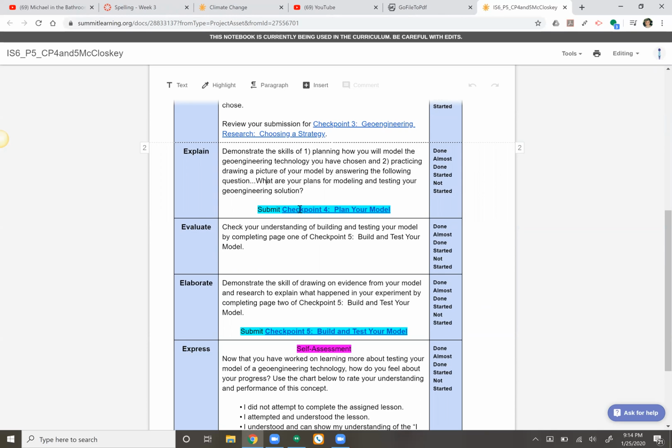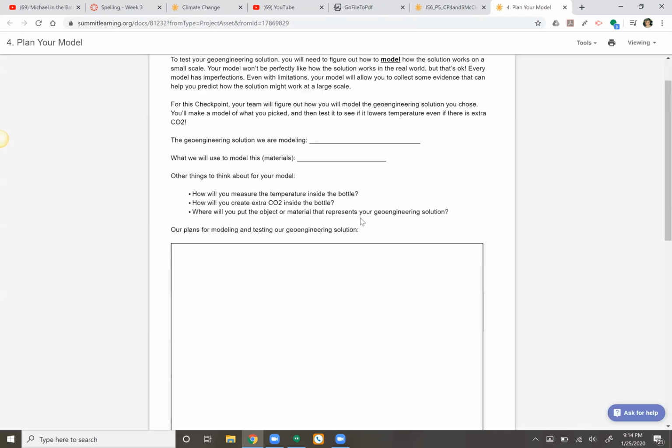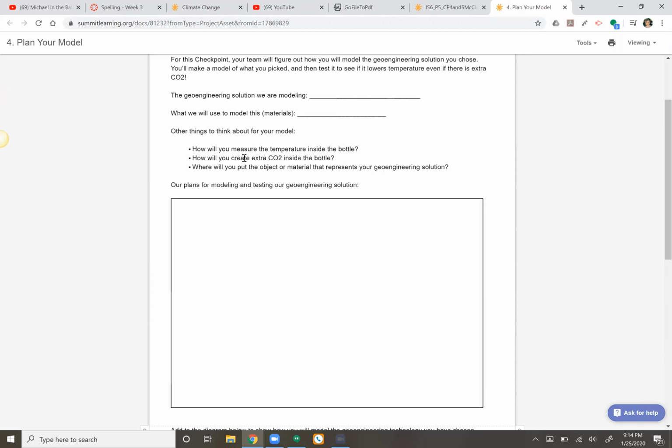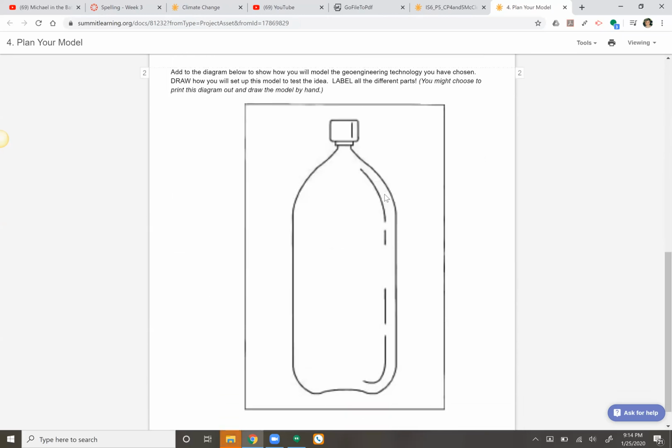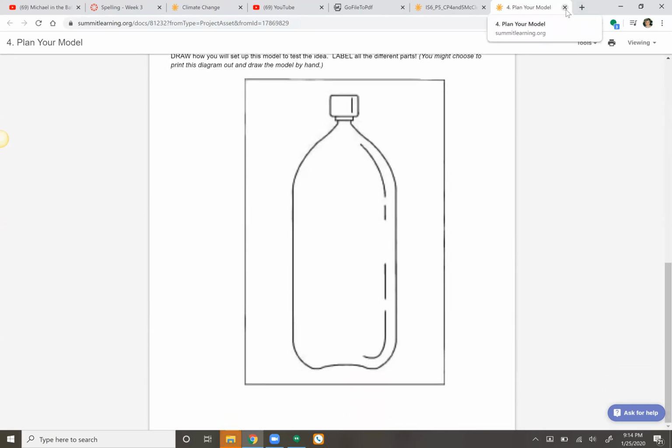What are your plans for modeling and testing your geoengineering solution? You will report again on which one you are modeling, the materials you're going to use, other things that you have to think about, and you'll tie that all together to report your plans for modeling and testing your solution. And you will also complete a diagram.